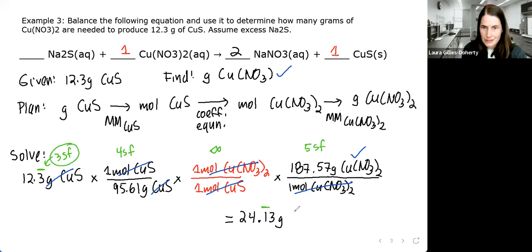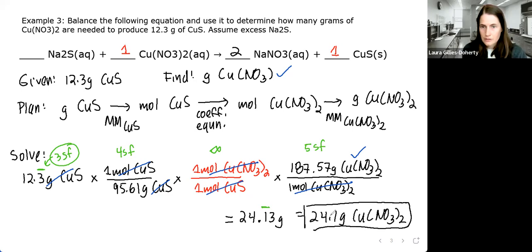So for my final answer, I get 24.1 grams of copper 2 nitrate. So if we reacted 24.1 grams of copper 2 nitrate with more than enough sodium sulfide, we'd expect to make 12.3 grams of copper sulfide product.